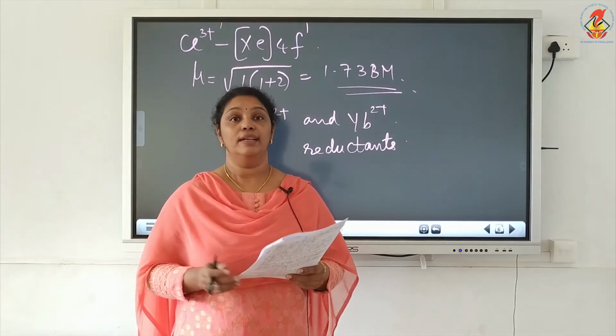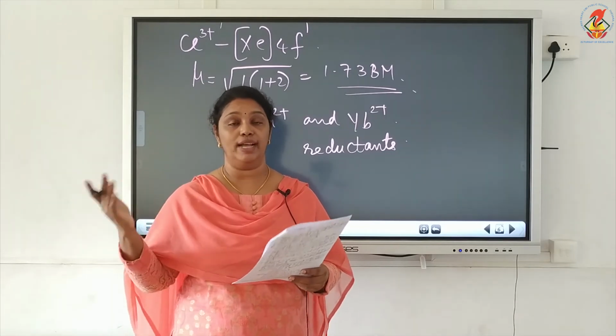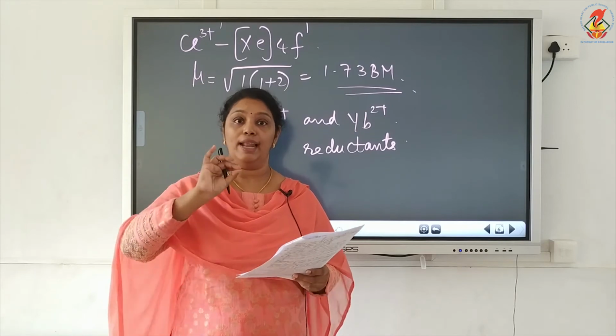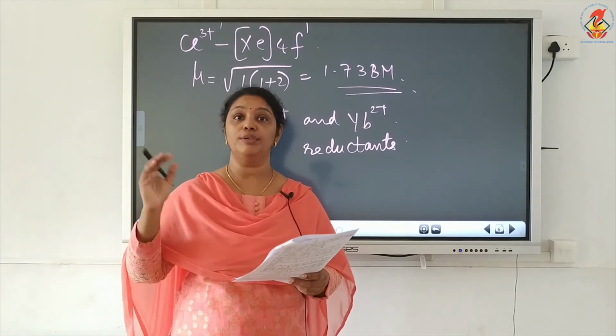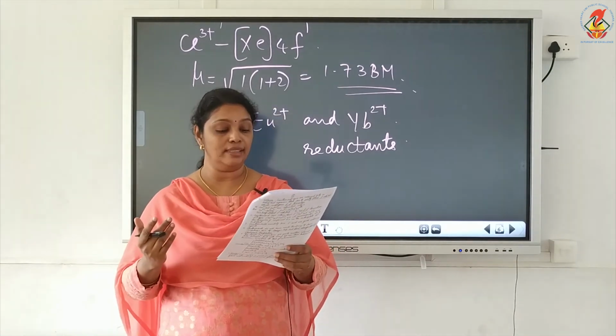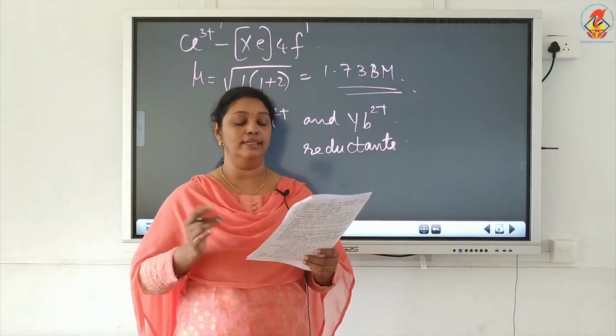Now we know that when you move across the lanthanoids, the size of the ions decreases. So you can see as you move from lanthanum La3+ ion to Lu3+, the size decreases. So the covalent character of hydroxides increases and hence the basic strength decreases.